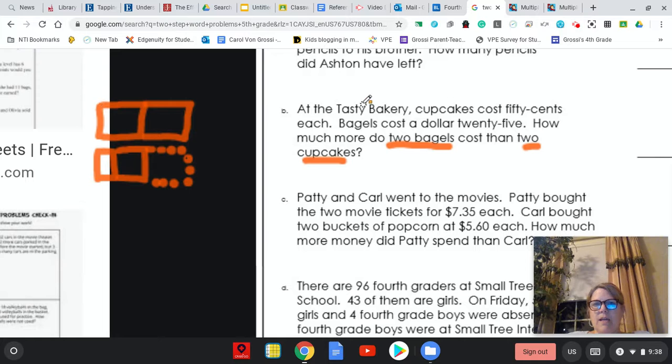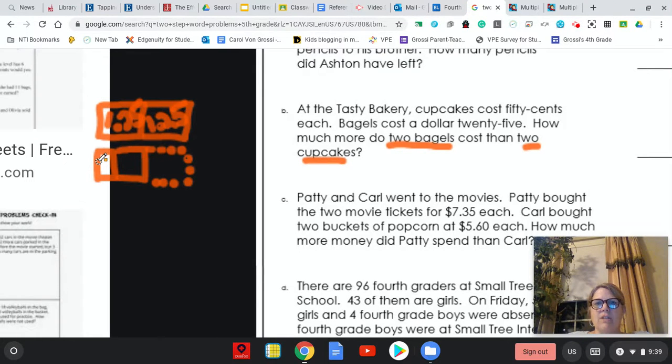So let's see. It told us cupcakes are 50 cents. Bagels are $1.25. My pen's not very good, but the other one's going to cost $1.25, right? So I've got 2 bagels. Each of them cost $1.25.